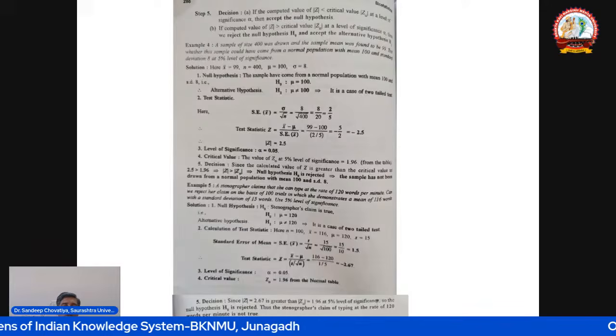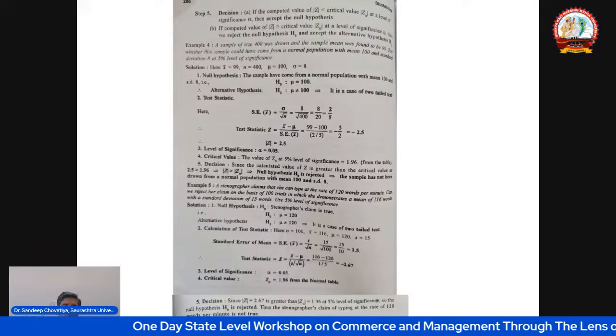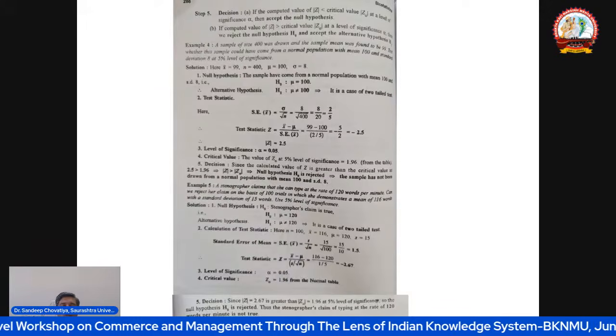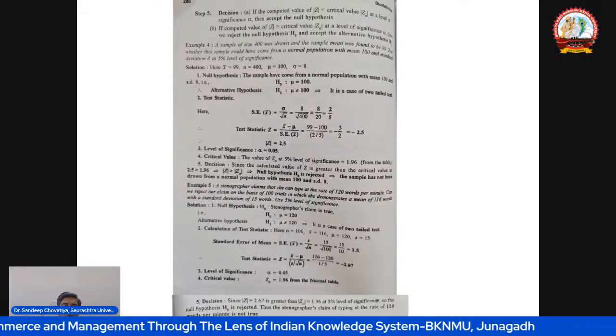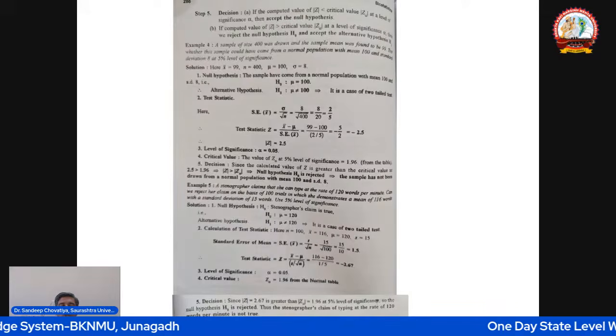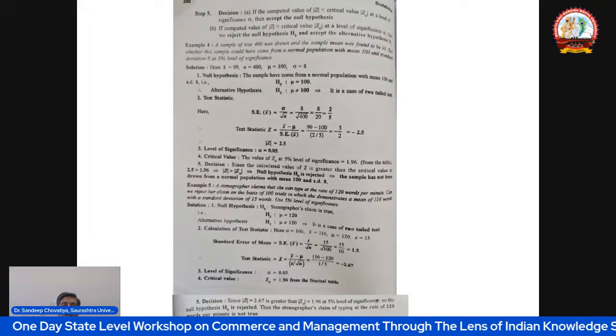So you remember that the population standard deviation is given, so you are not required to calculate it. With the help of this Z test, you are able to conclude whether the data is significant or not.